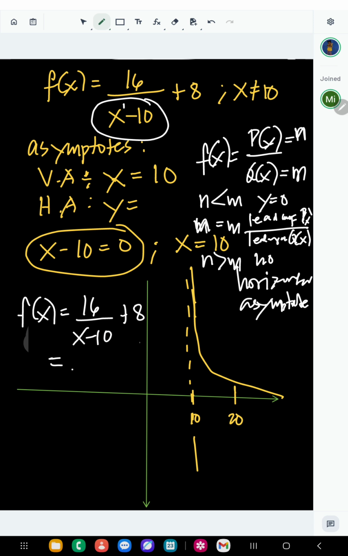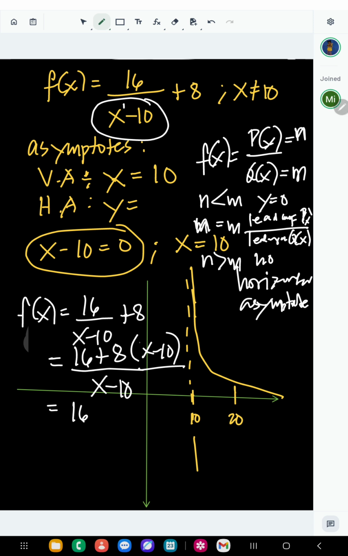We get the LCD, right? x minus 10. So this is 16 plus 8 times x minus 10. I graphed it and the horizontal asymptote is not 0.